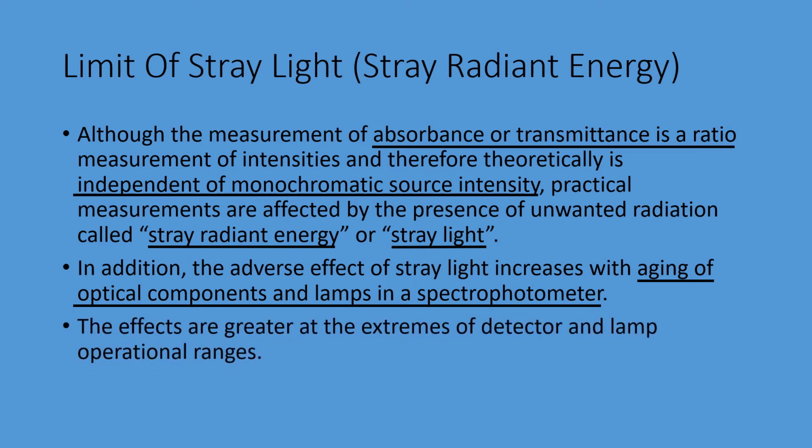The effects are greater at the extremes of the detector and lamp operational ranges. So the effects are more at extremes of the detector range and lamp operating range. So at 200 nanometers or at 700 nanometers, the stray light can be more and it can impact significantly.